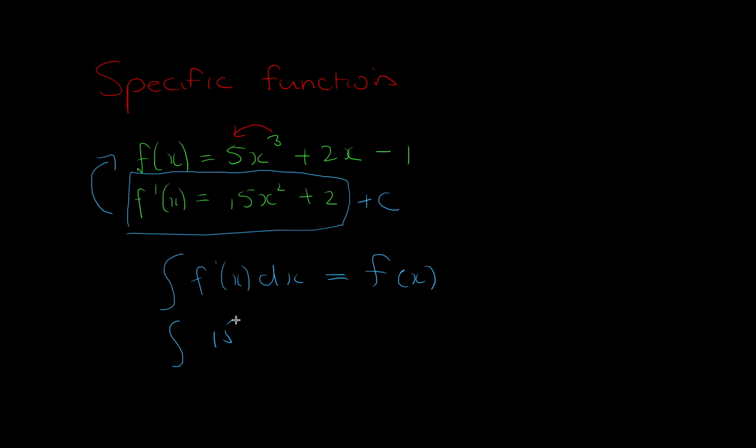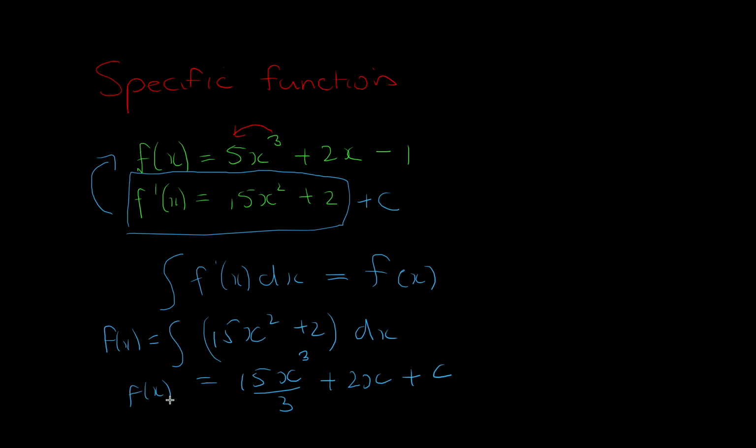So let's take the integral of 15x squared plus 2 dx. To get the integral, we add 1 to the power and then divide by the power. For the 2, we just add an x, and it's going to be plus c. So this will be the answer for our function.